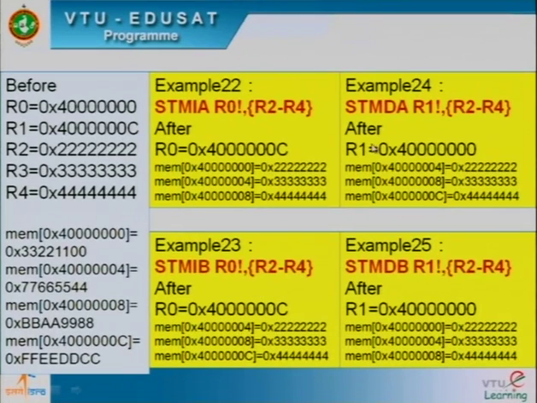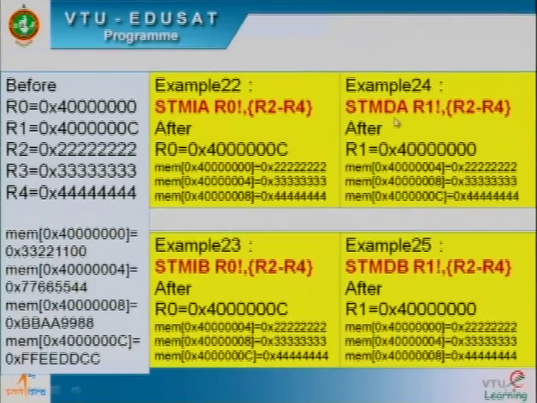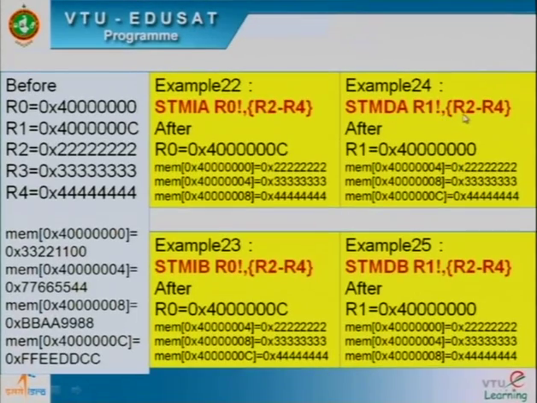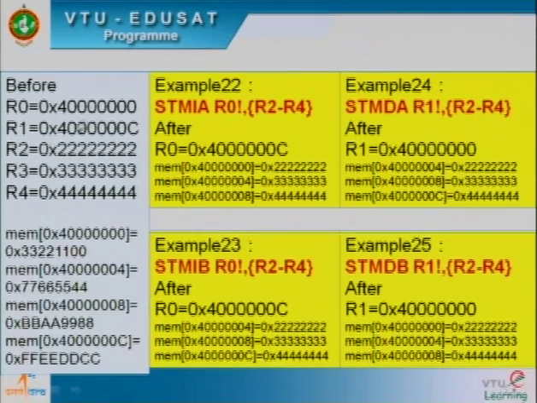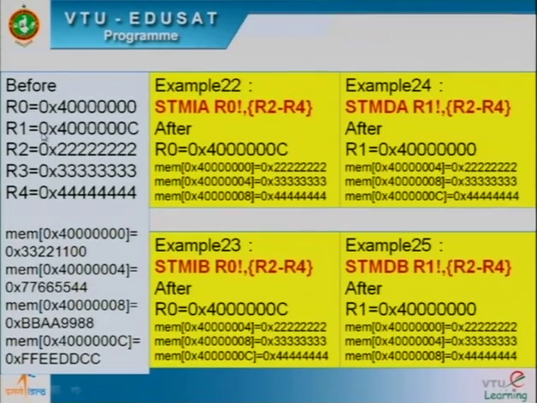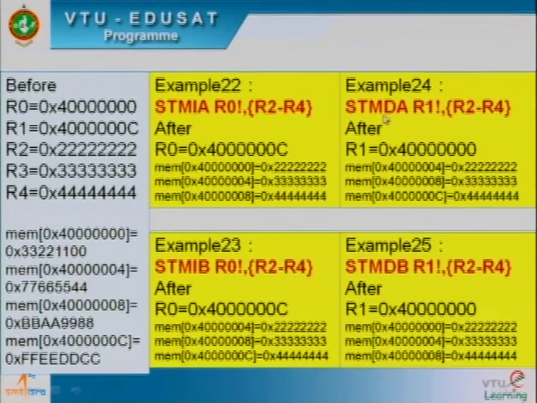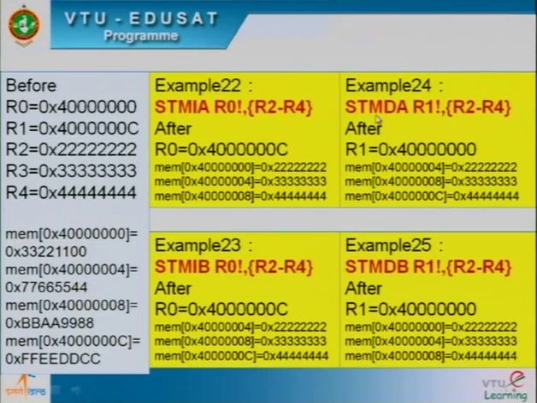Now look at example 24, that is STMDA R1!, {R2-R4}. Here, the R1 value before the execution of this instruction is 0x4 followed by 6 zeros and C. In this case, it is store multiple registers and decrement after.